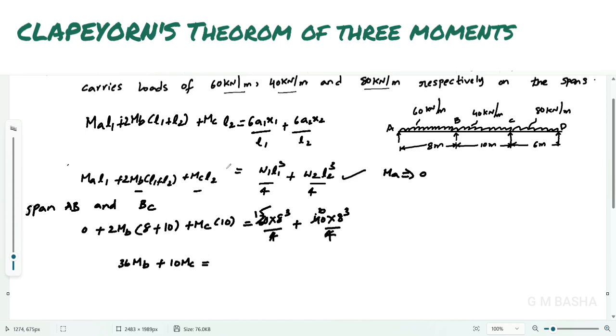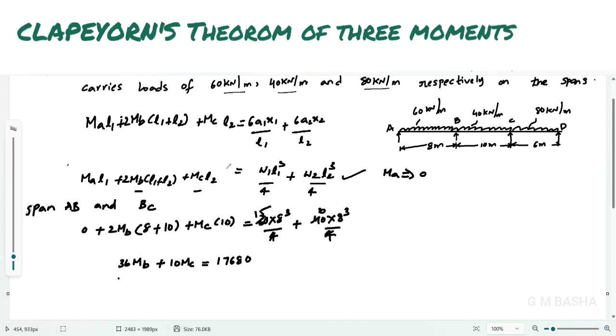So how much will it be? It will be around 17680. And again there is a chance of simplifying better here. It is better to cancel with 5.